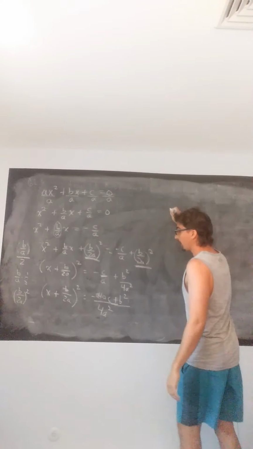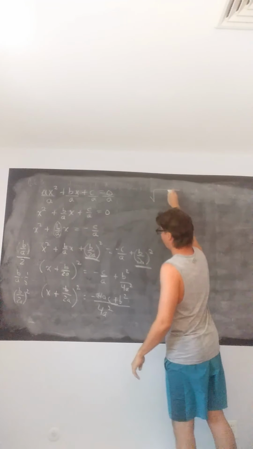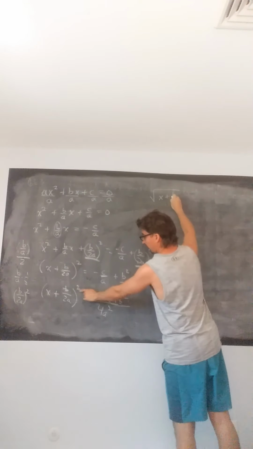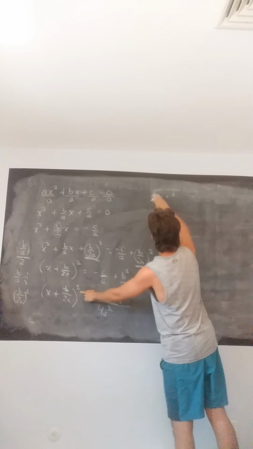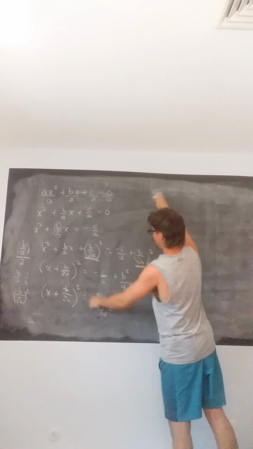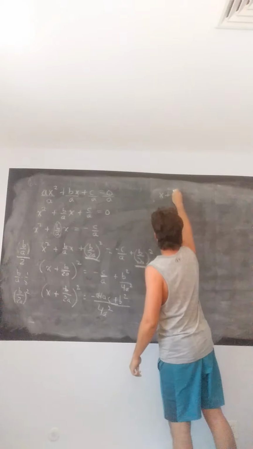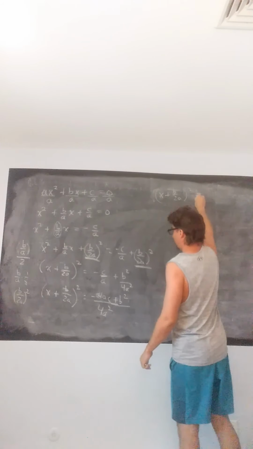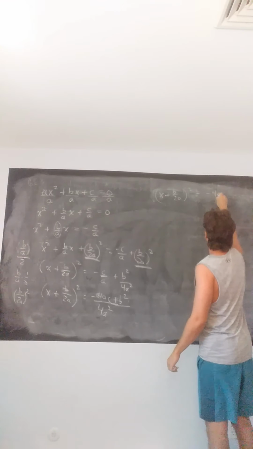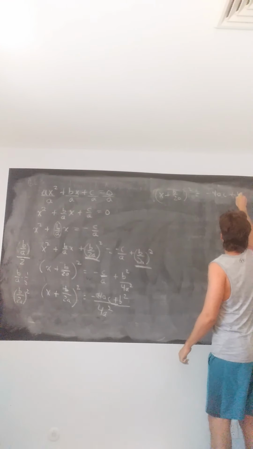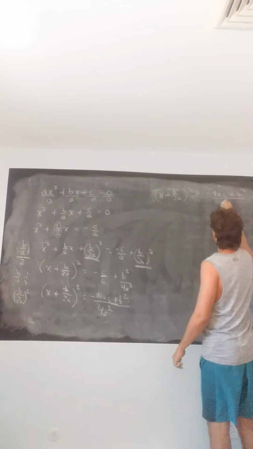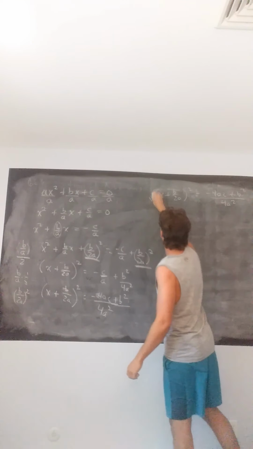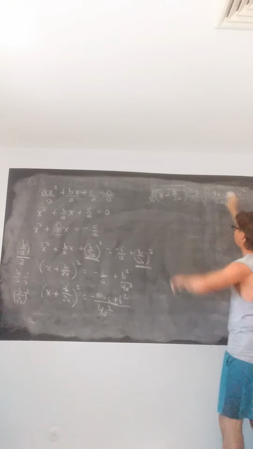Now what I'm going to do next is take the square root of both sides, because we want to get rid of this square, right? So let's start this over. If we have x plus b over 2a squared, and that equals negative 4ac plus b squared over 4a squared, to get rid of this 2, I'm going to take the square root of both sides.